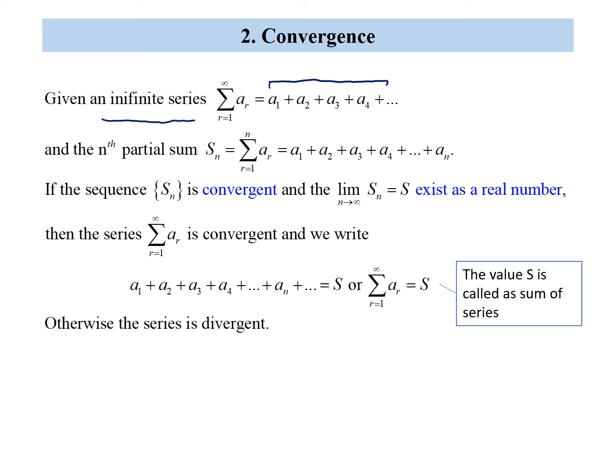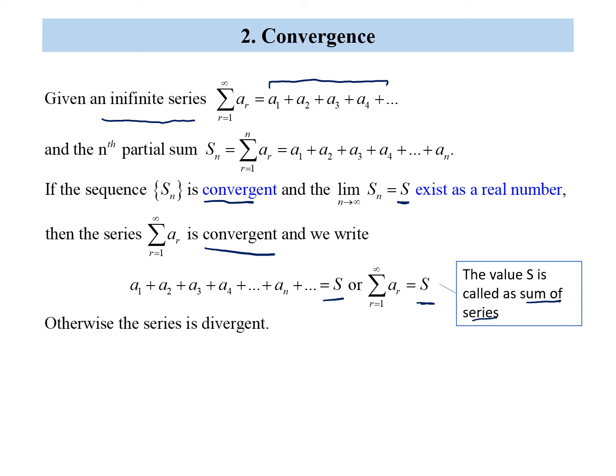If the sequence of the partial sums is convergent and the limit of the partial sums is equal to S, where S exists as a real number, then we can say that the infinite series of a sub r from r equals 1 up to infinity is converged. And we can write the series as equal to S, or the summation of a sub r is equal to S. So the value of S here is called the sum of the series.